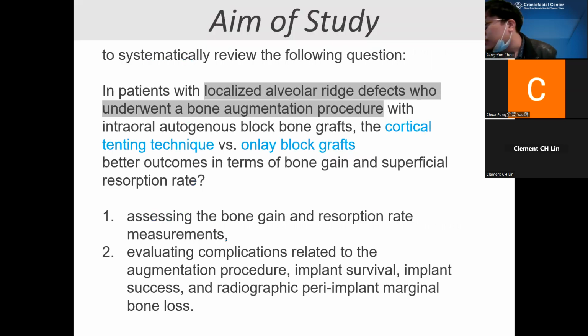The aim of the study is to systematically review that in patients with localized alveolar ridge defects who underwent a bone augmentation procedure with intraoral autogenous block bone grafts, will the cortical tenting technique of the onlay bone grafts have better outcome or not? And the study will assess the bone gain and resorption, and then look at the complications of the two different techniques.